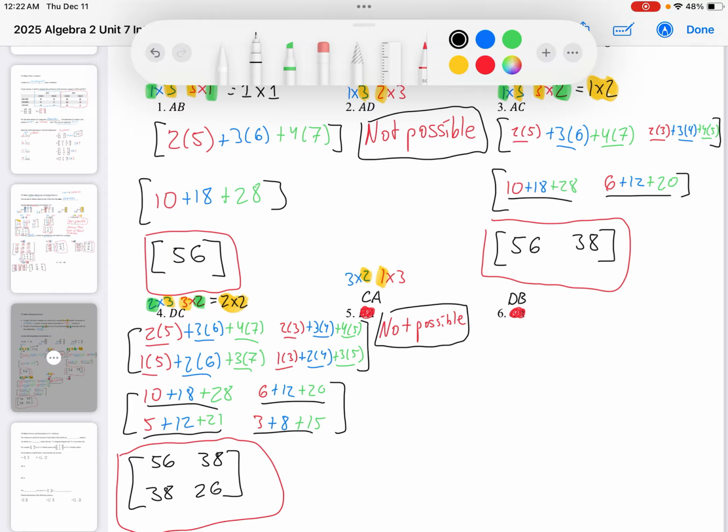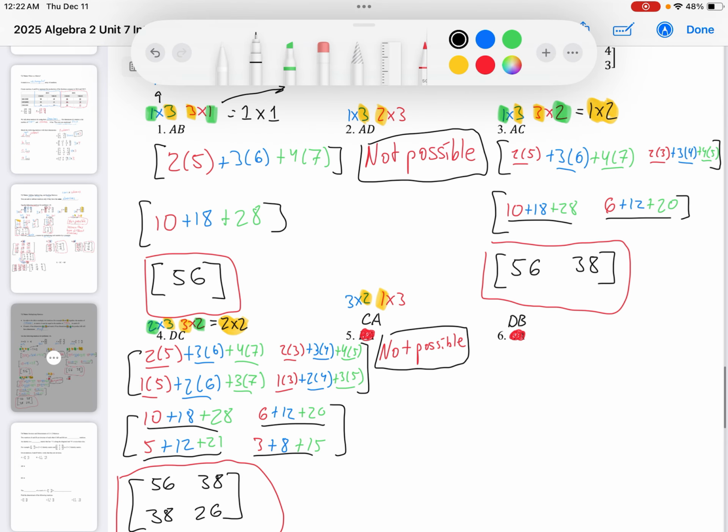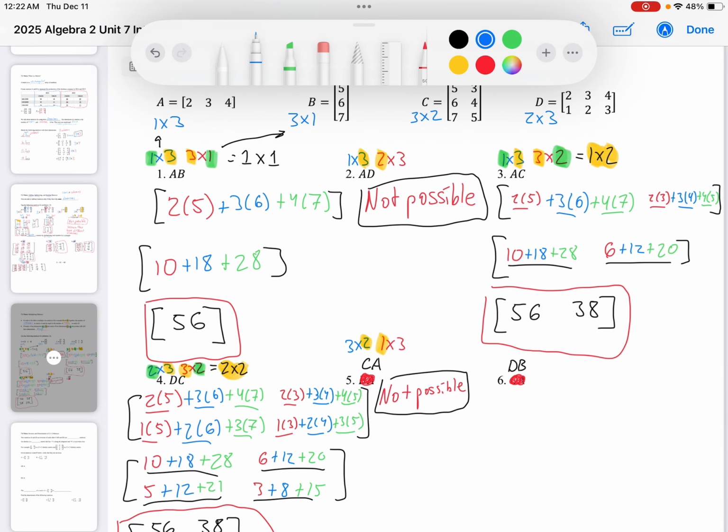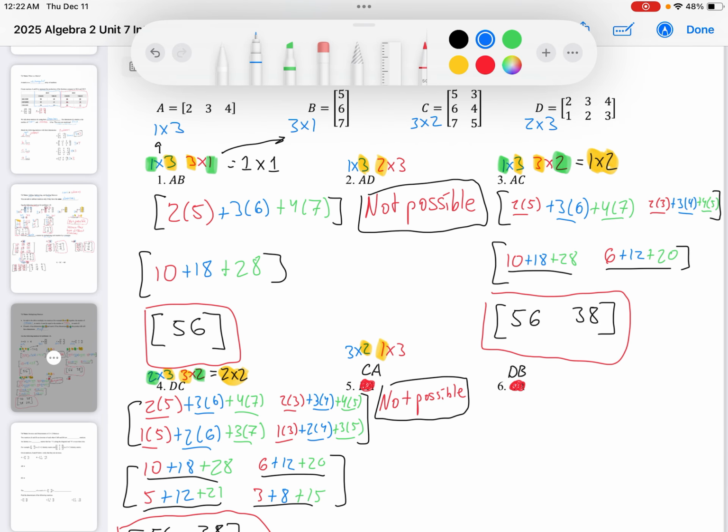Okay, so then all we have to look at left is D times B. So let's look at that. Matrix D is a 2 by 3 matrix, and matrix B is a 3 by 1 matrix.